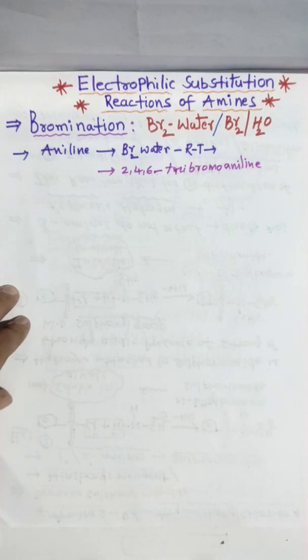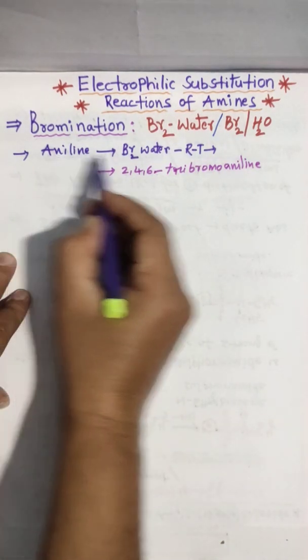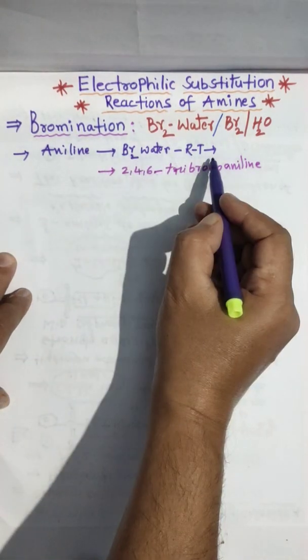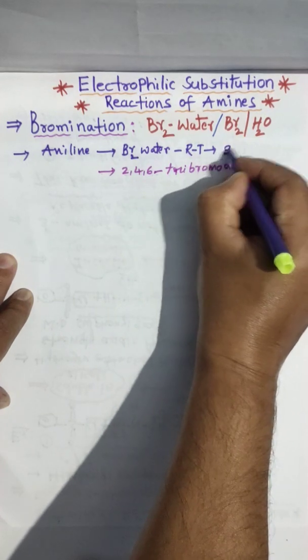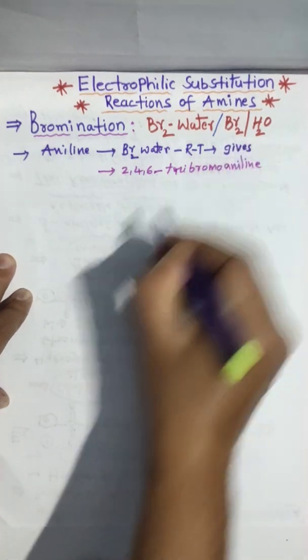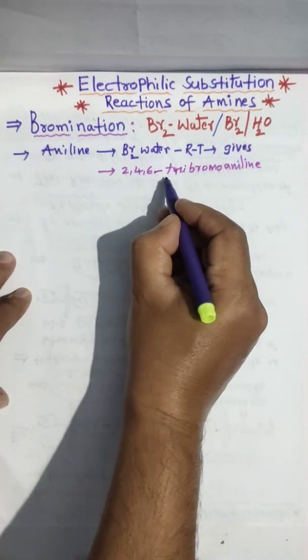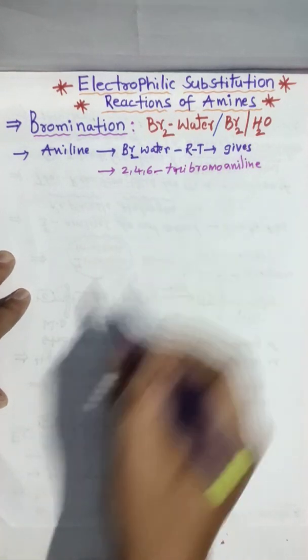The reaction is: aniline reacts with bromine water at room temperature to give 2,4,6-tribromoaniline.